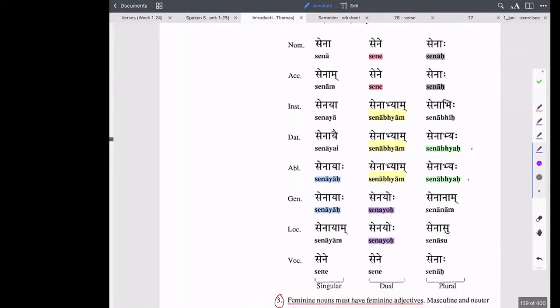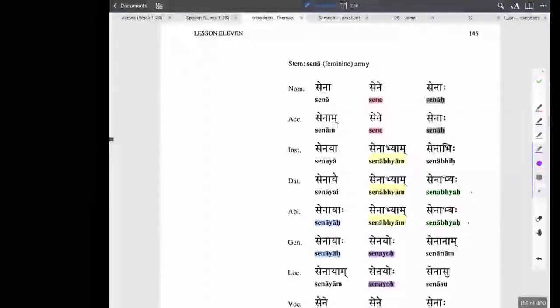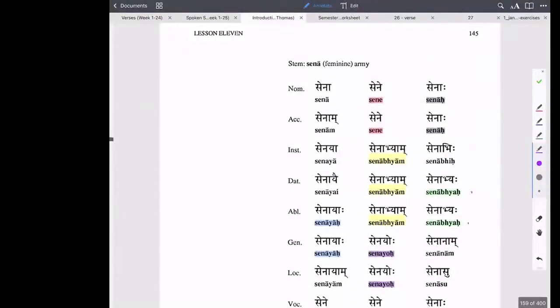Andre, just a quick question. Yes. If it is a masculine army, how would the words look? Sena gachati. The army goes, just like Naraha gachati. But here it says Sena, feminine army. No, we're not talking about the gender, please. We're not talking about an army with females.